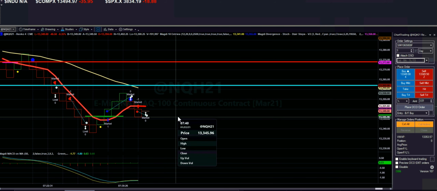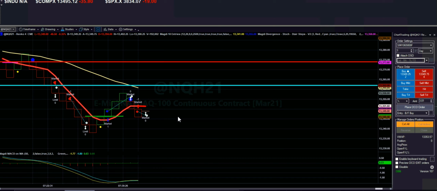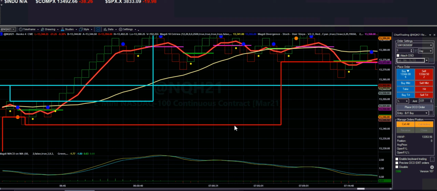I told you it's going to touch that line, and then it may go back up again. So we're not going to do anything right now. We are assuming this line and that line are one support and one resistance, but let's find out what happened.